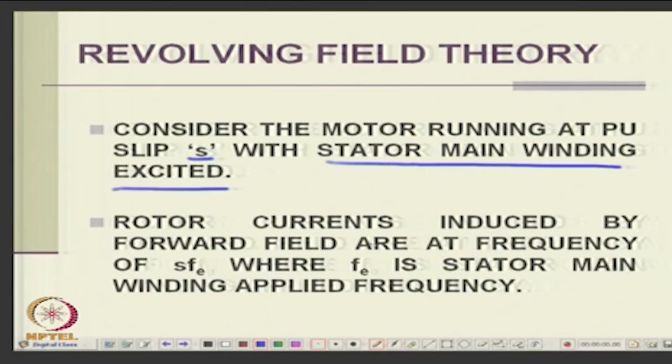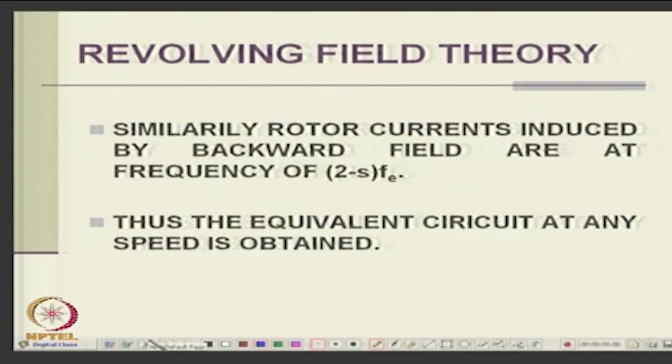But the rotor currents are induced by the forward field at frequency SF. So, due to the forward field you have a frequency SF, and due to the backward field it will be (2 minus S)F.